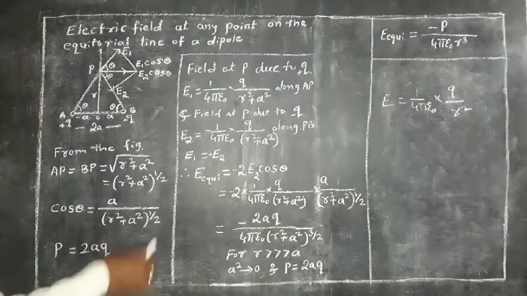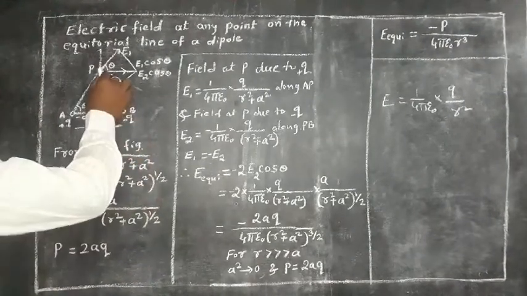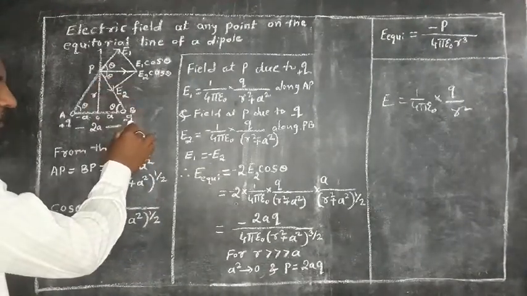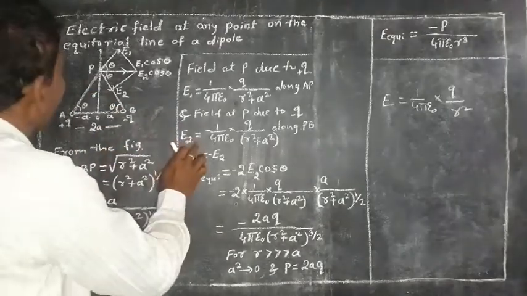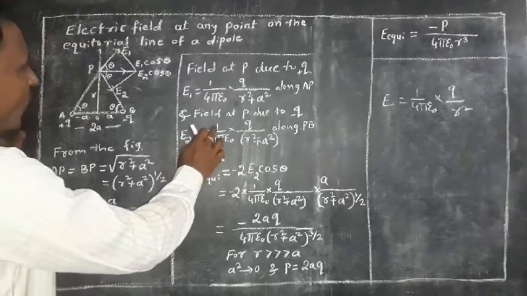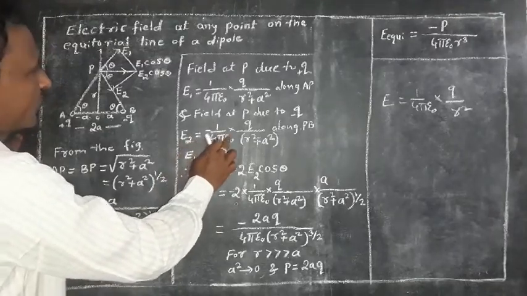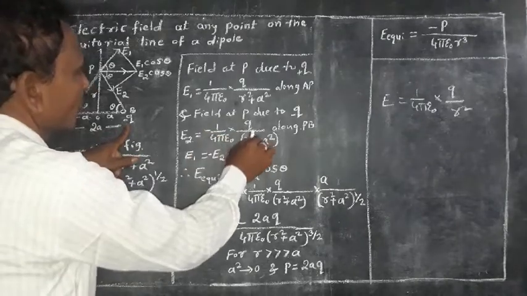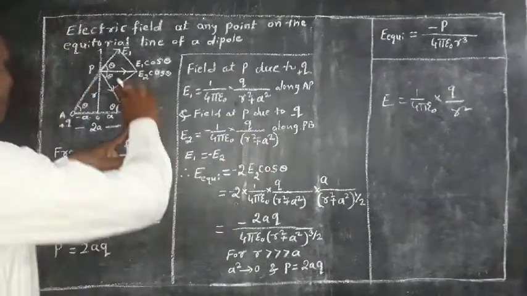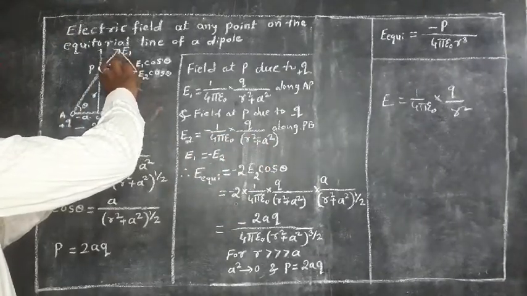And the electric field at P due to negative charge minus Q be E2. Therefore, E2 equals 1 upon 4 pi epsilon naught into, here the charge is minus Q, hence minus Q upon r square, that is BP square.